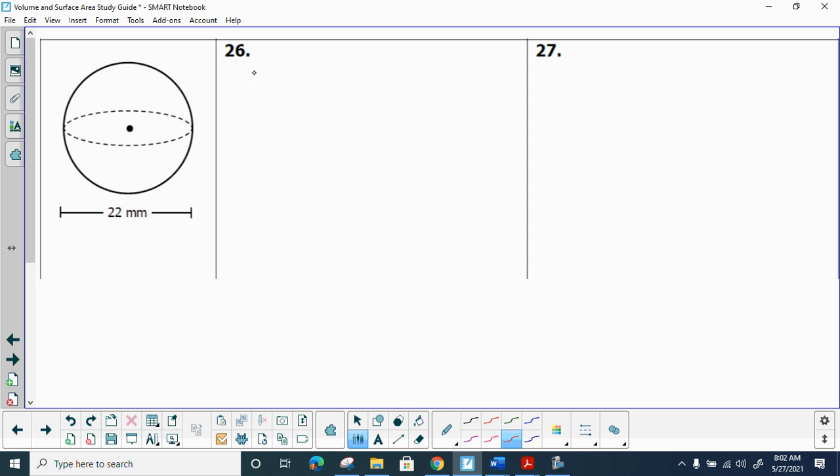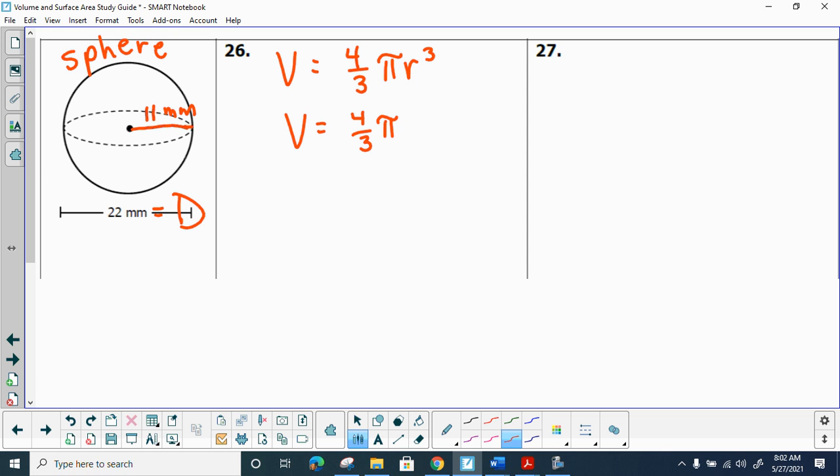Now let's do a volume of the sphere, so a ball. Volume of a sphere is 4/3 pi r cubed. We have the diameter of that circle, but we need to know just the radius. So it would be half of 22, which would be 11. 4/3 times pi times 11 millimeters to the third.